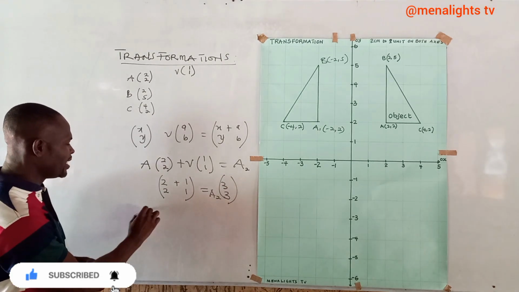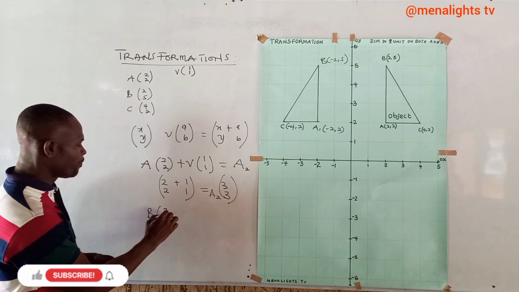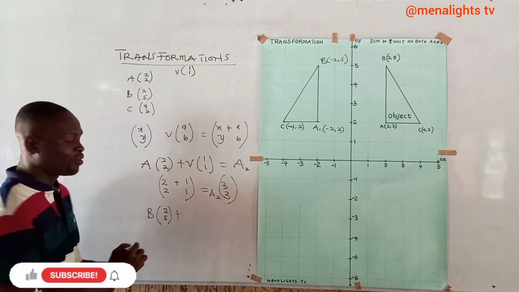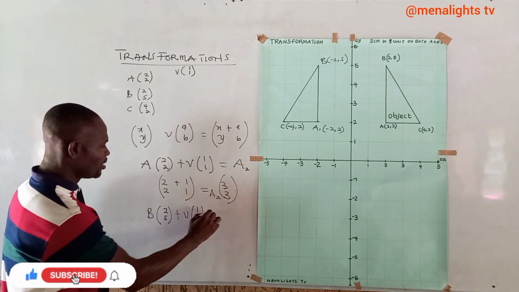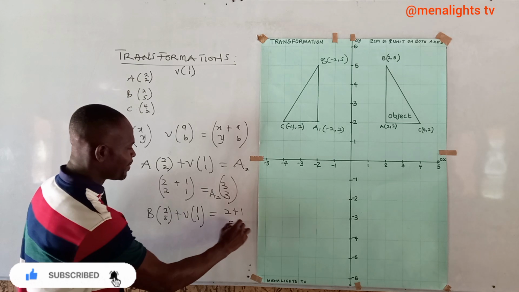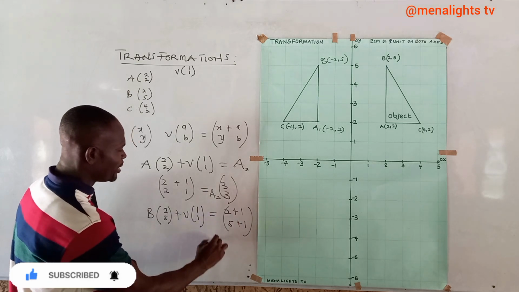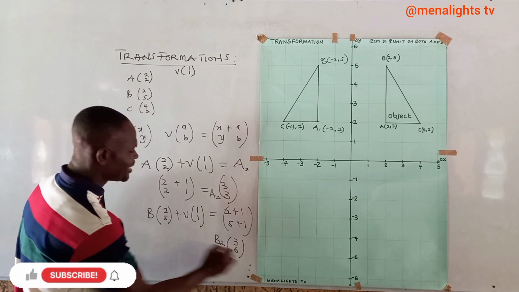Now B is (2, 5) plus the vector (1, 1). We are going to get 2 plus 1 and 5 plus 1. So our B2 is going to be (3, 6).